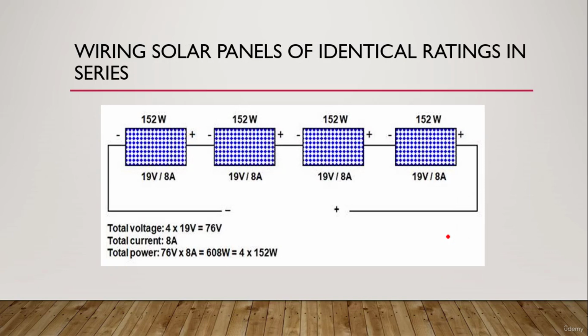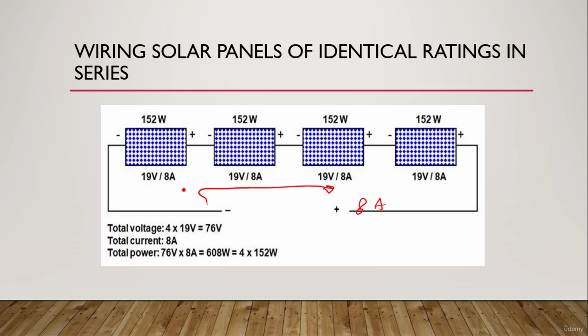Let's take an example on series connection. If we have 4 modules, each module has 152 watt and 19 volt, 8 ampere, the total current is going to stay constant as they are connected in series, so the total current will stay at 8 ampere. The total voltage is going to be the summation of these voltages.